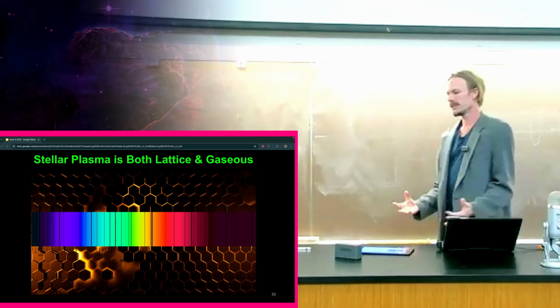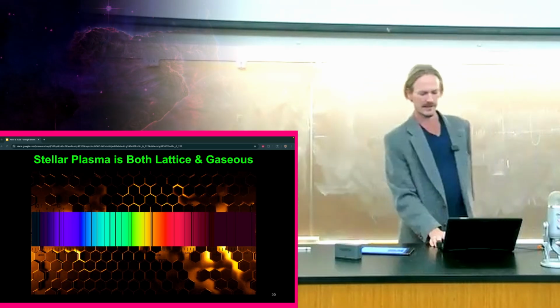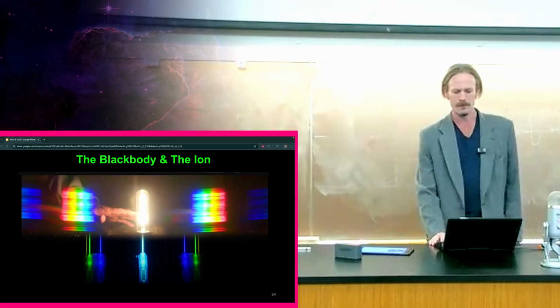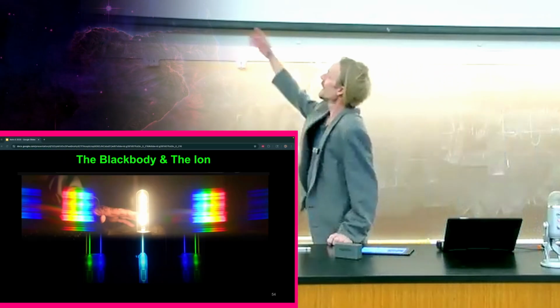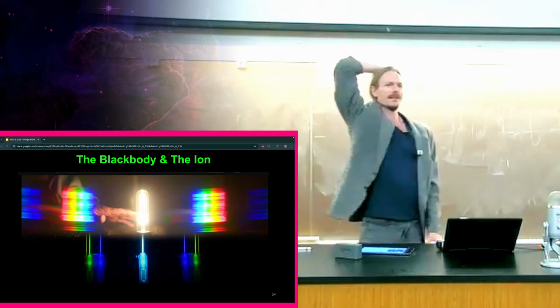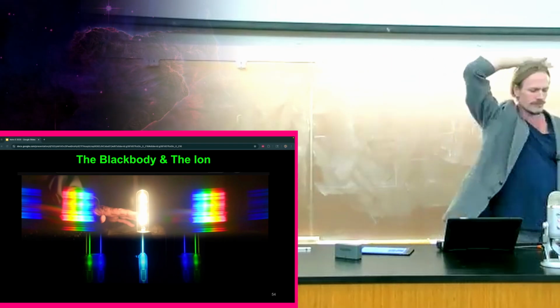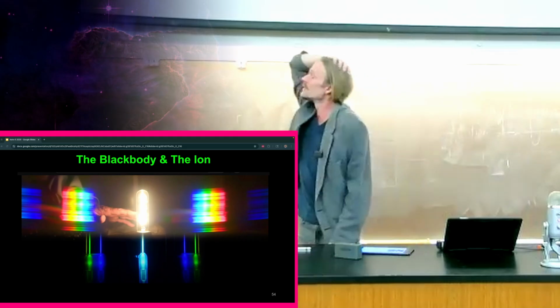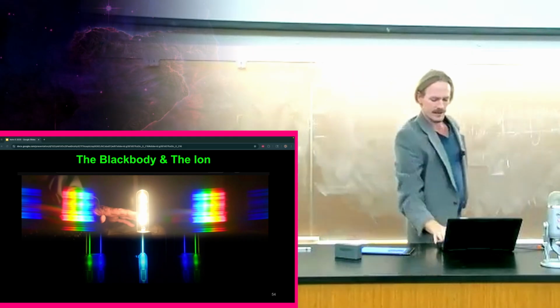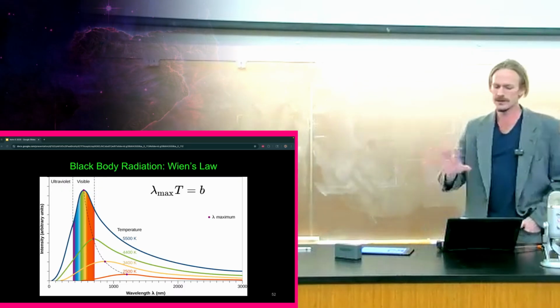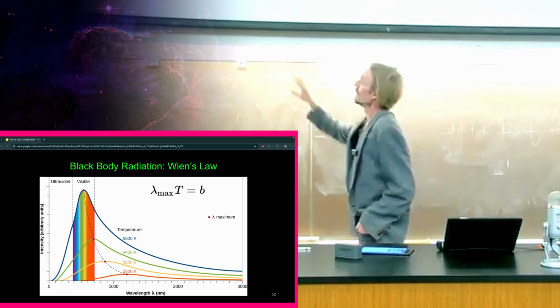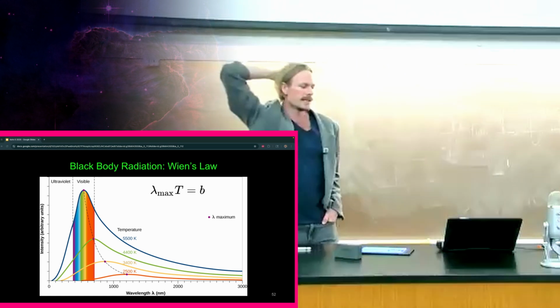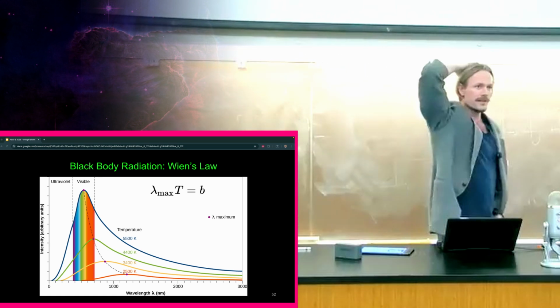Okay, this is great because this kind of brings us full circle because, you know, gases versus bodies, right? So this is really quite interesting. Almost all the work that led to this idea was done by one gentleman named Kirchhoff.